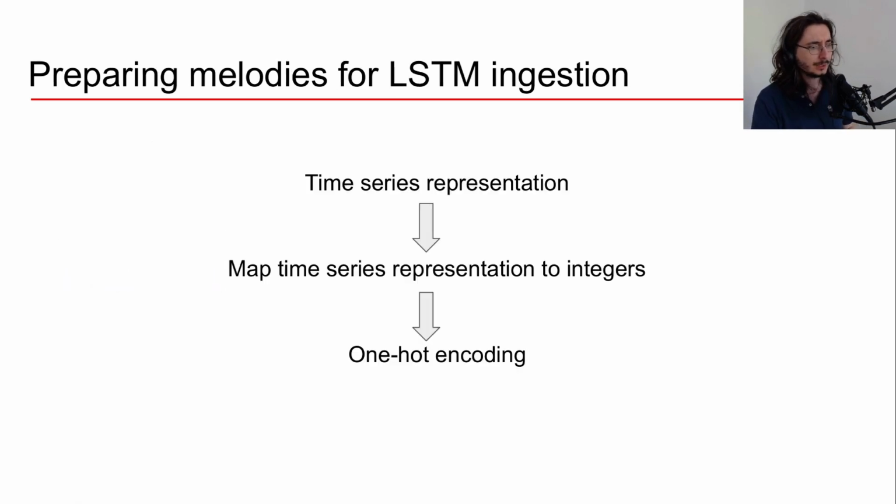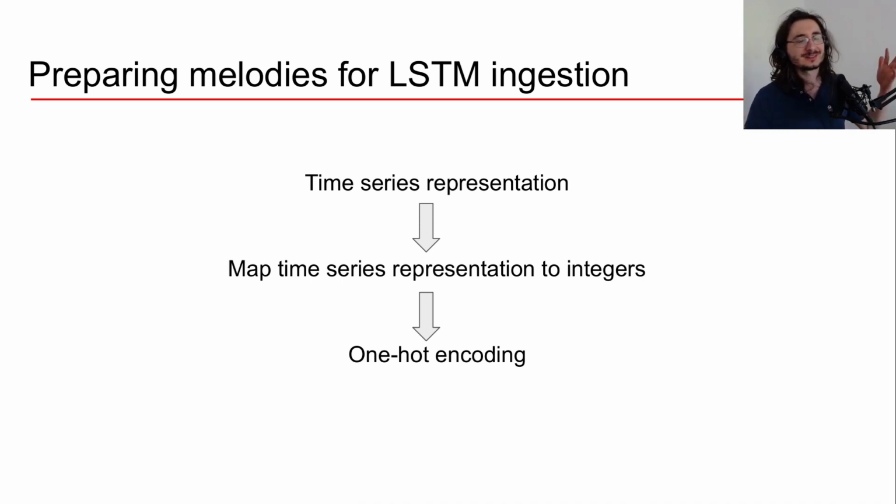Good. Now the thing that I want to say here, guys, is that this is not the final representation that we're going to use to feed these melodies into the LSTM network. We need to make certain adjustments. From the time series representation, we have to map this representation into just integers, right?